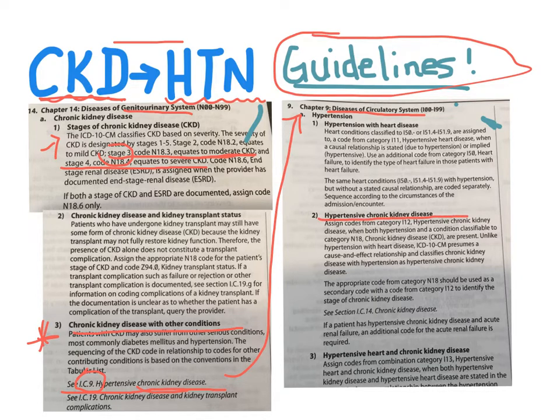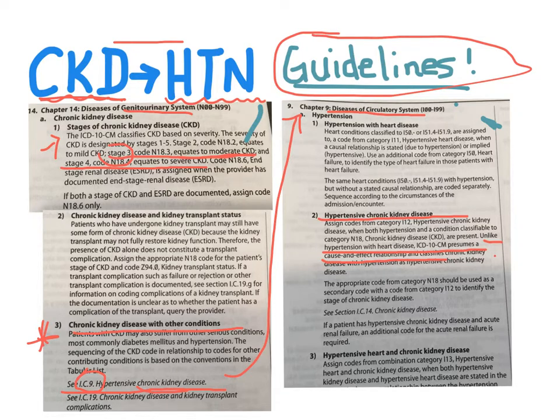this has a nice little phrase here. Unlike hypertension with heart disease, ICD-10-CM presumes a cause and effect relationship and classifies chronic kidney disease with hypertension as hypertensive chronic kidney disease.